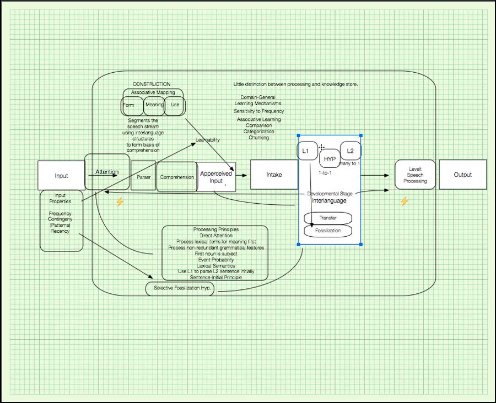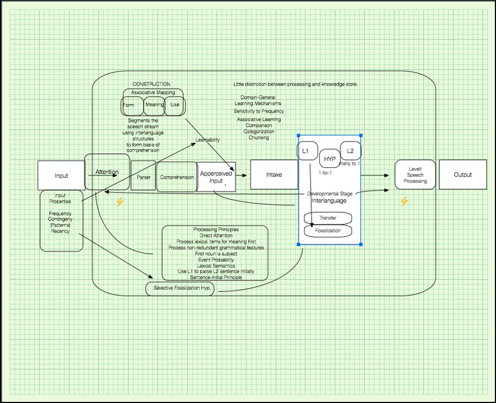So the way that this language store is accessed in order to build comprehension, not forcibly to change the interlanguage, but in order to arrive at comprehension, the learner has to appeal to their knowledge store, and access to this knowledge store becomes more and more rapid and automatic over time.